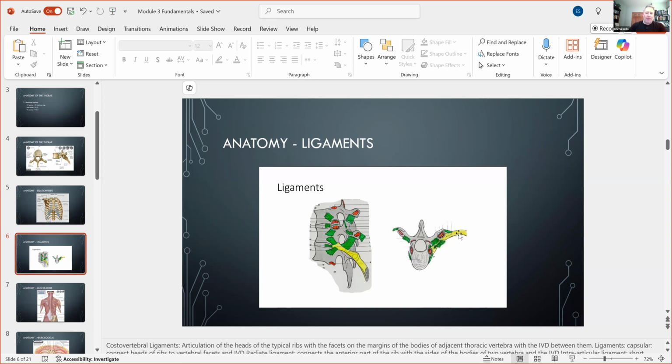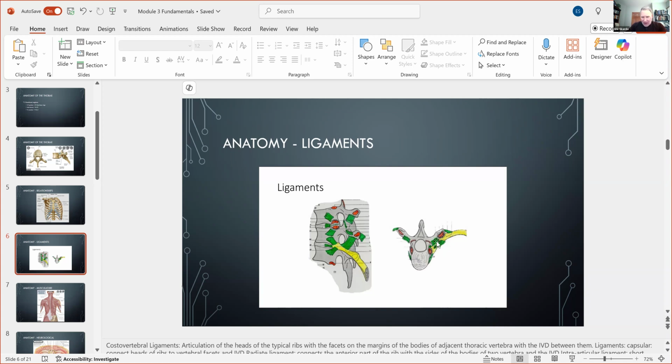So if we find, and I'll show you guys how to do this during class, an unstable rib where it feels like the head of this rib is able to slip anteriorly with a posterior to anterior pressure, this ligament is likely the thing that's become attenuated and is no longer sufficient, right? So there's not a lot of stuff that we can do for that, but things like prolotherapy and whatnot to help stiffen this ligament, this is where that wants to be targeted, is that anterior costovertebral ligament, okay?